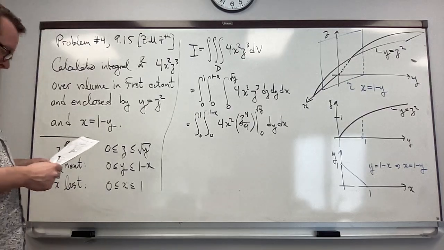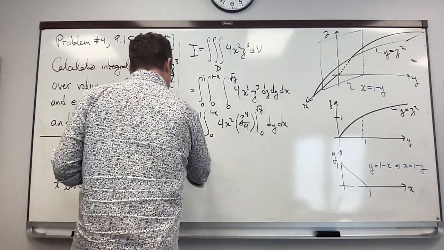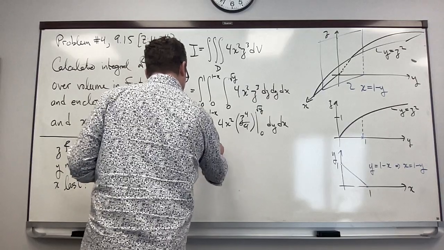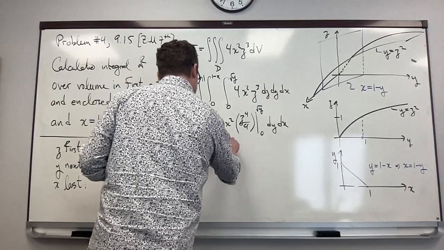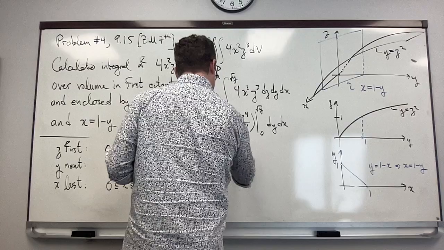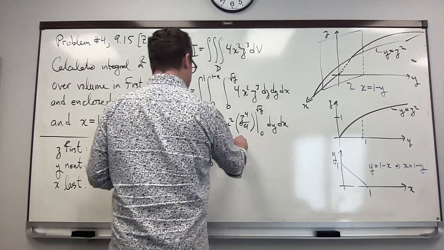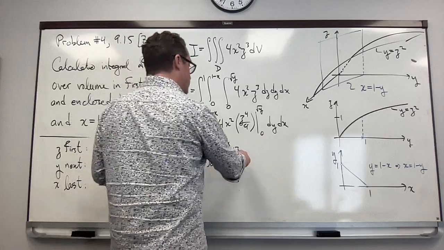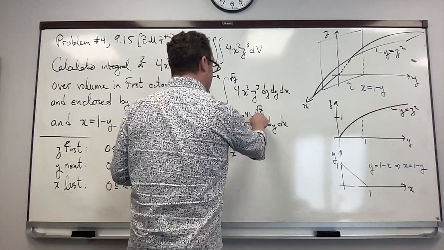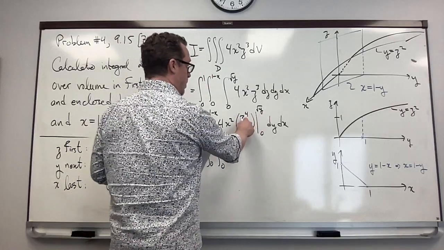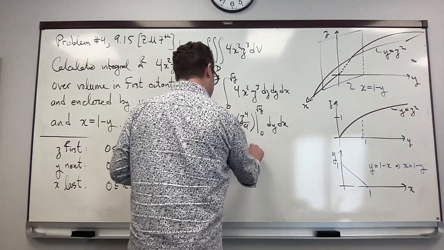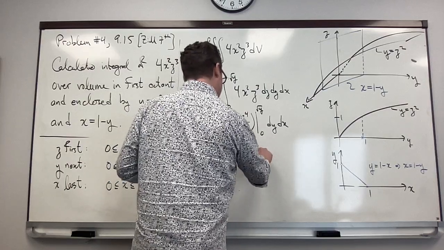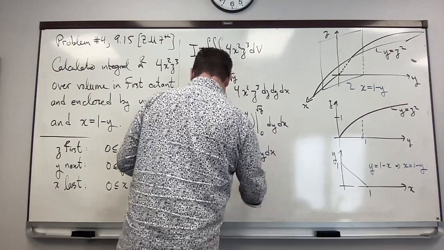I'll take the 4 out the front, 0 to 1, 0 to 1 minus x, and the 4 here would cancel that 4. Then I've got x squared and z to the 4th, and putting in square root of y, that becomes y squared, minus 0, so I don't need that part. And then we have dy, dx.